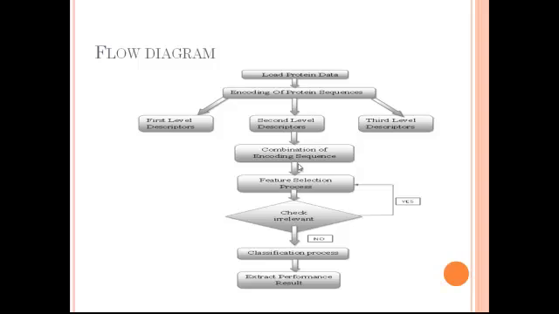Next we see the flow diagram of our process. First we load the protein data set, and second we encode the protein sequence. We encode the protein sequence with the combinations of the 20 standard amino acids.